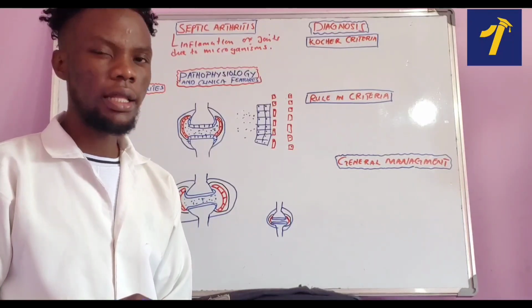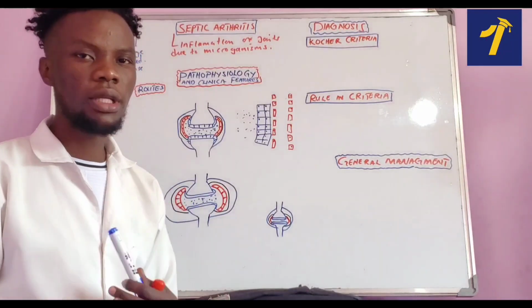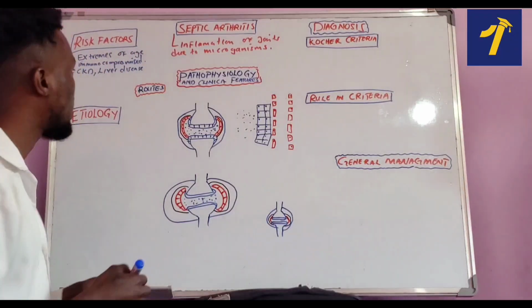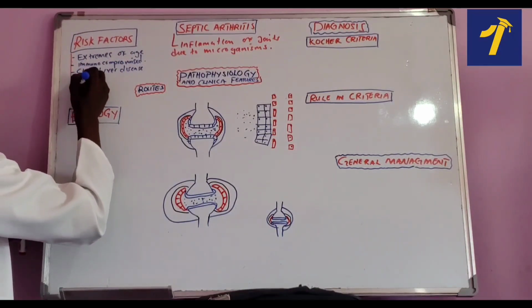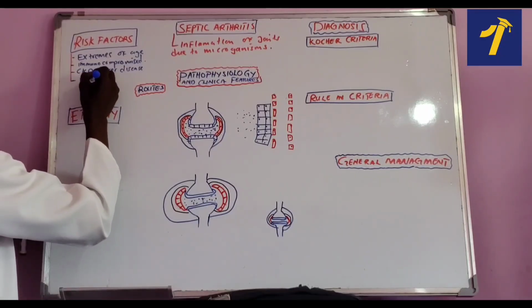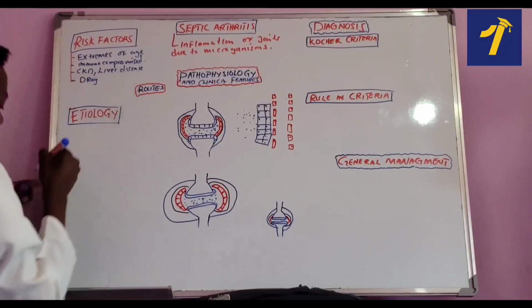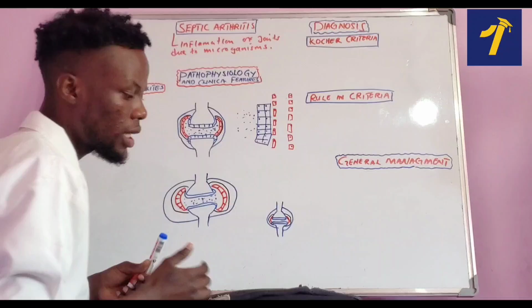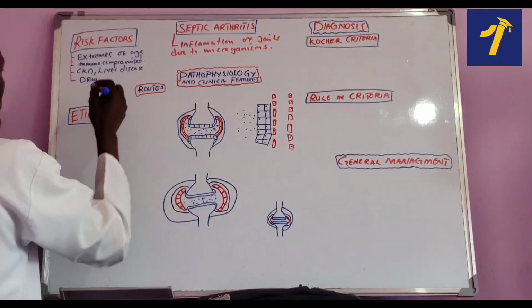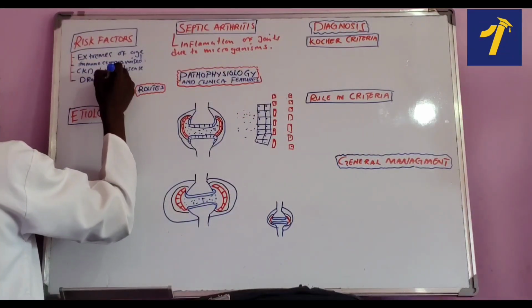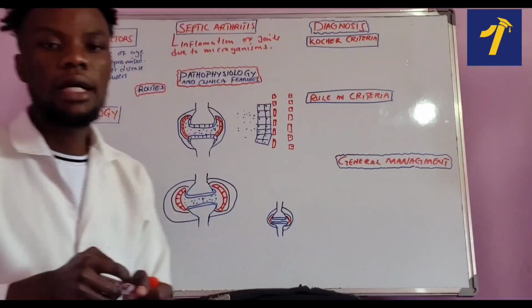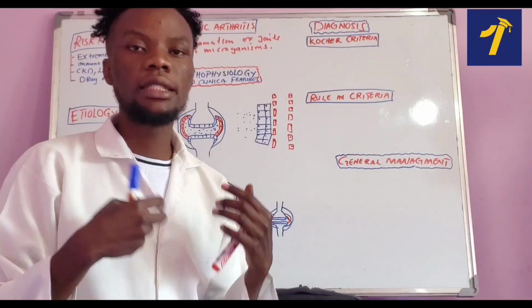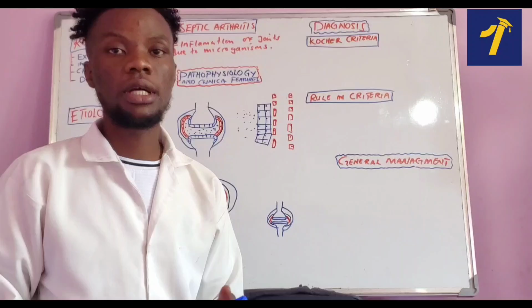Another important risk factor that I can add here is drug abusers, let us just say IV drug abusers. Those are at increased risk of developing septic arthritis.